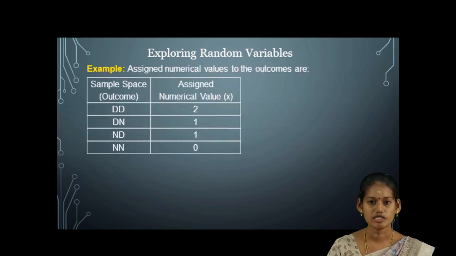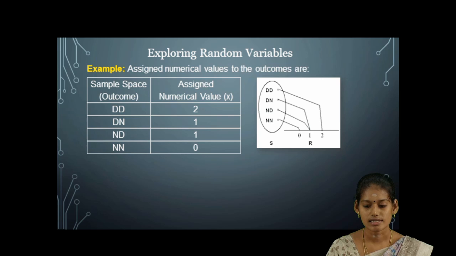The numerical value X assigns only the number of defective items. For DD, there are two defective items, so we put 2 here. For DN and ND, we put 1 because the number of defective items is 1, and for NN it will be 0 because there are no defective items.